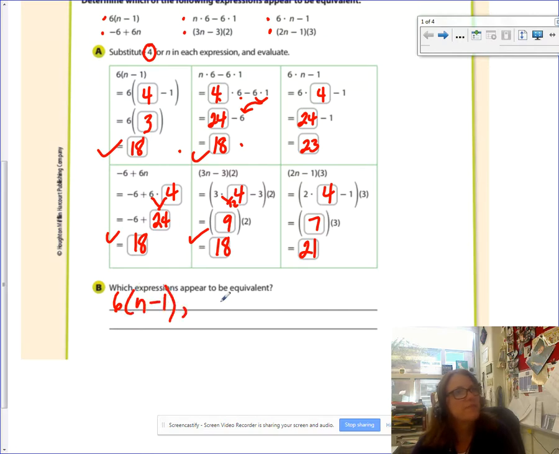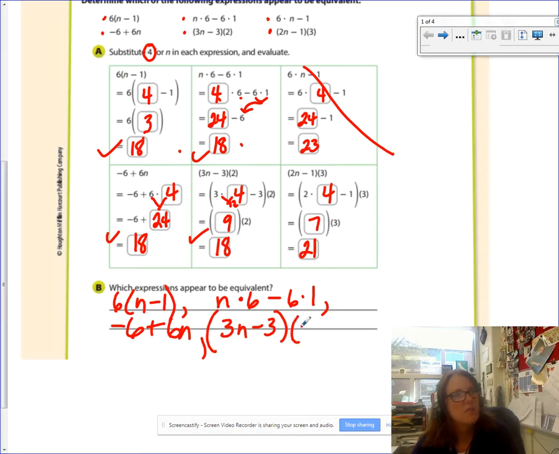So the first one, next door, I get n times 6 minus 6 times 1. Not that guy. This is negative 6 plus 6n. And this one, 3n minus 3, the quantity, times 2. And not that guy. All right, turn the page over.